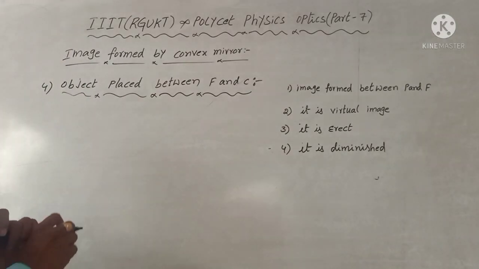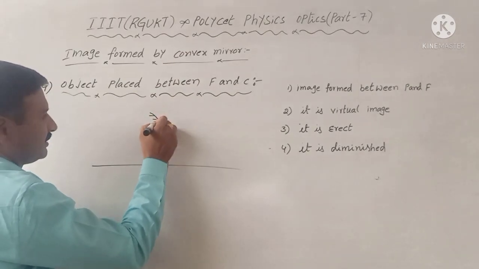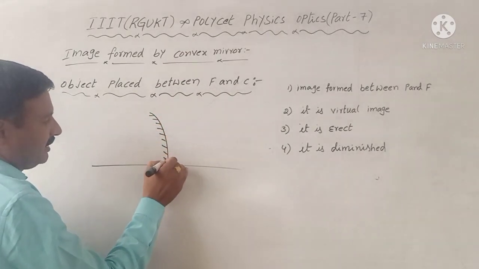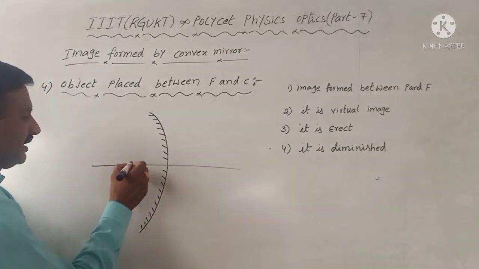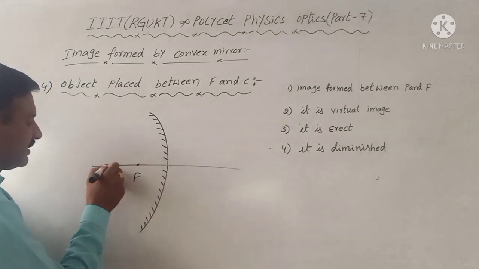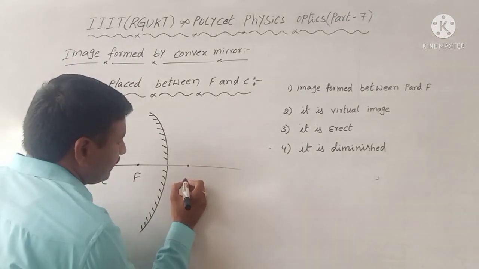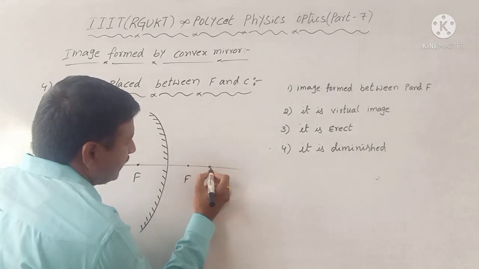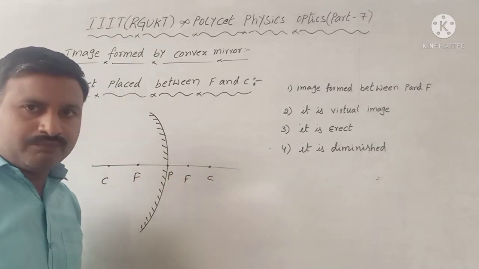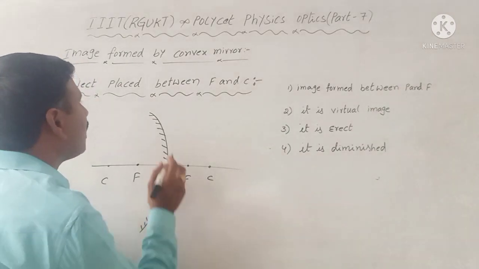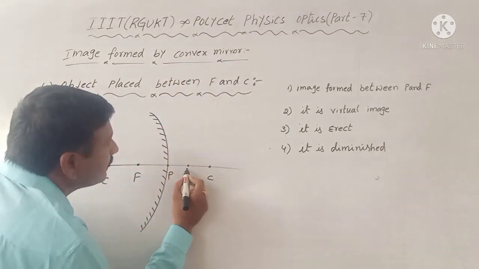Object placed between F and C. So again we take the convex mirror, silvering the concave surface side. It is focus and it is center of curvature, and it is the vertex point pole, geometric center. So where is the object placed? Object placed between F and C.